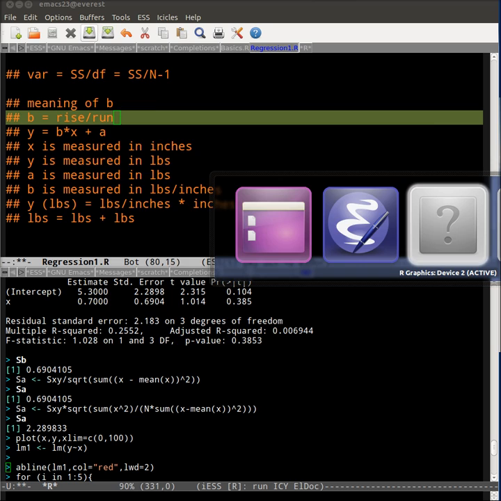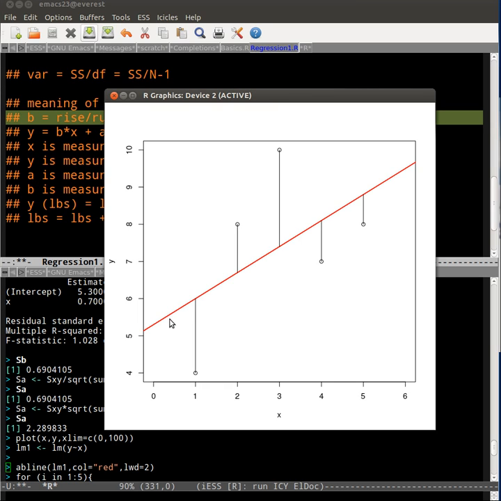And if we go back to our line of best fit in our figure, our B is going to be how many units of rise in Y do we expect for each unit increase in our run.